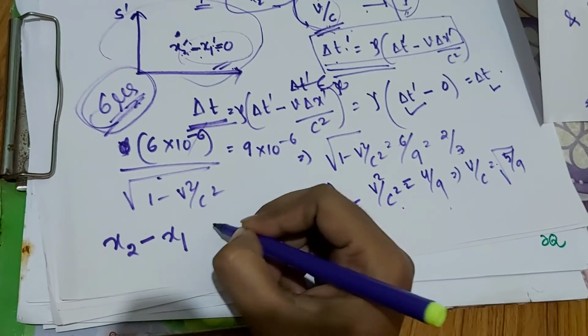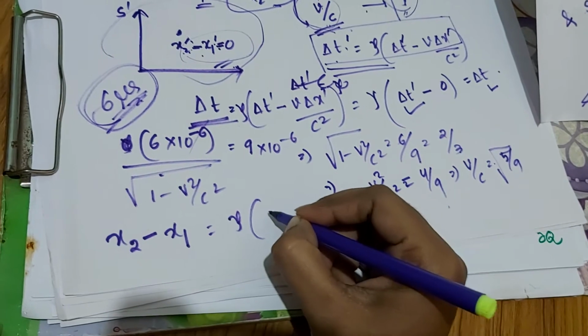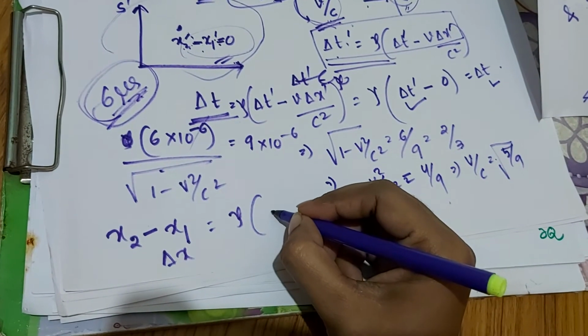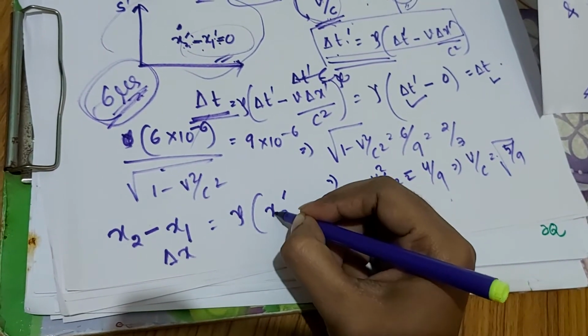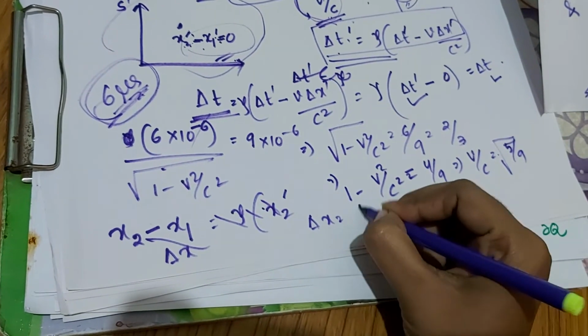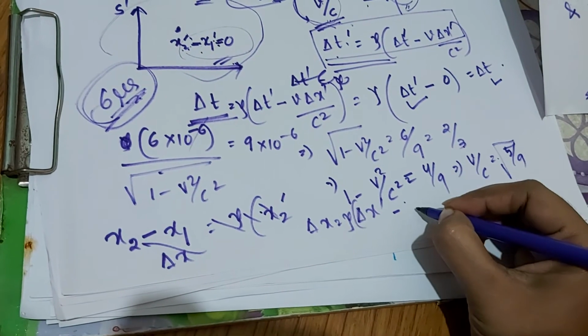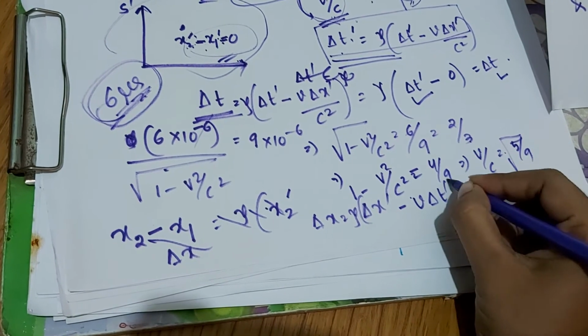So x2 minus x1, that is Δx, equal to γ(Δx' + vΔt'), right?